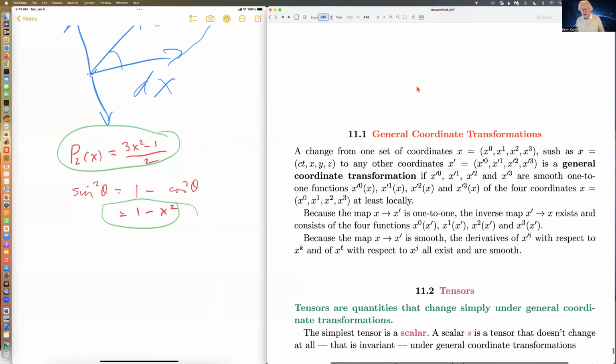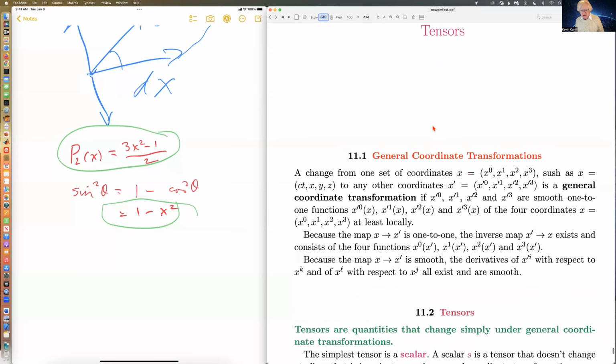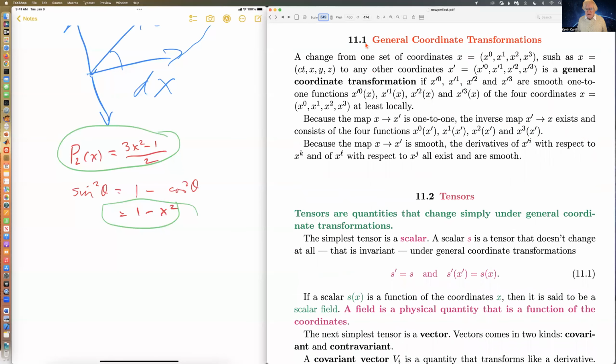So, and here I've added a chapter called tensors. And basically, if you change from one set of coordinates, and typically we're going to be talking about x to be x0, x1, x2, x3, but of course we could be just considering space, in which case we'd have x, y, z.